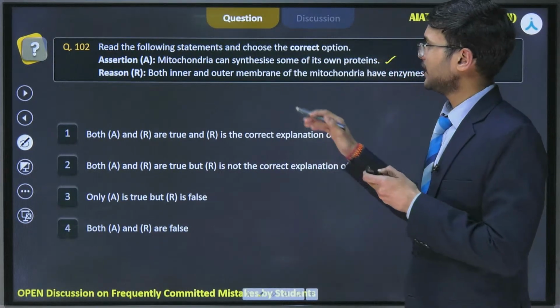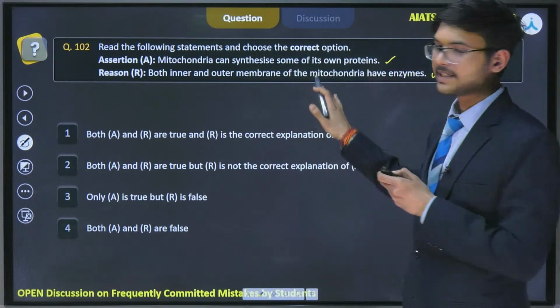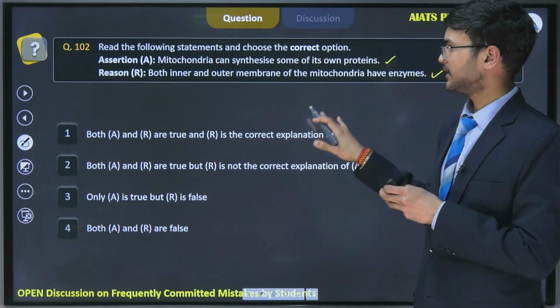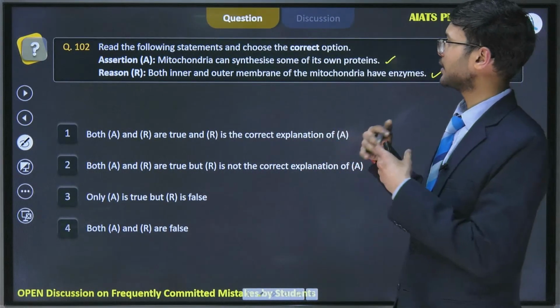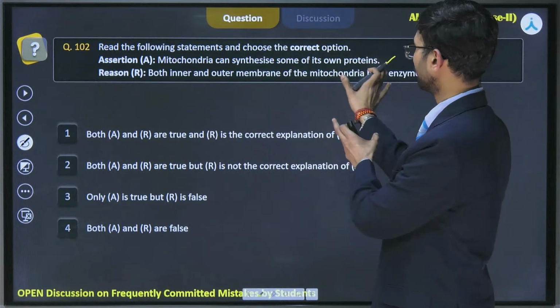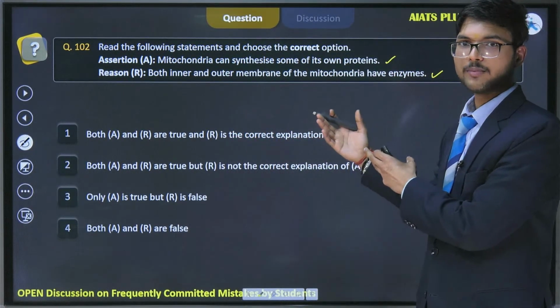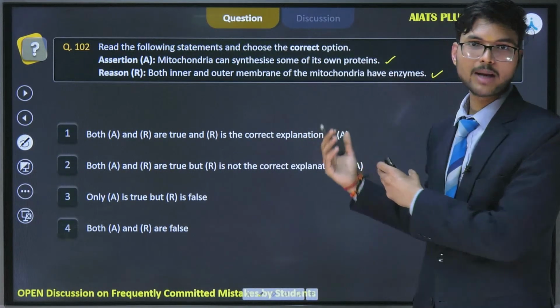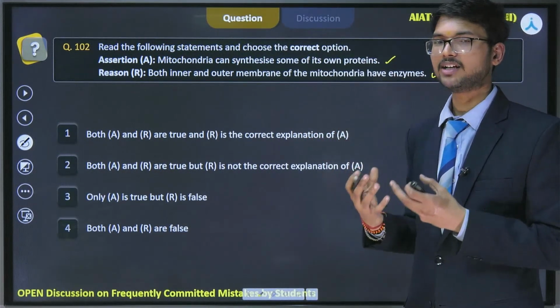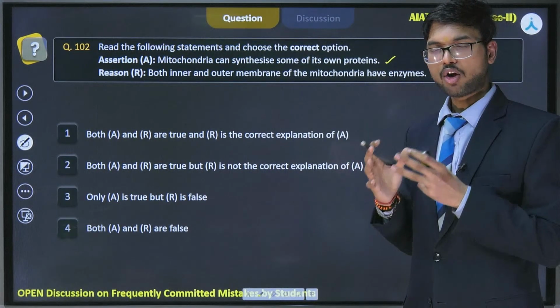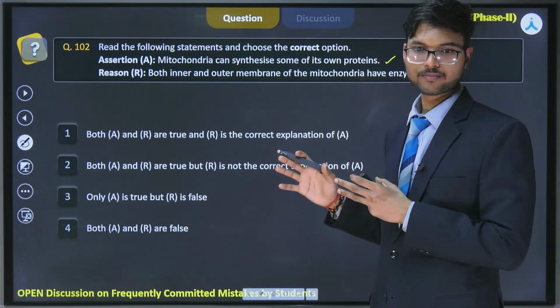No. So here the reason is not quite explaining the assertion. If the reason was something like this, that mitochondria can synthesize some of its own protein because mitochondria have their own 70S type of ribosomes, then it might have been a correct or somewhat logical explanation of the assertion.